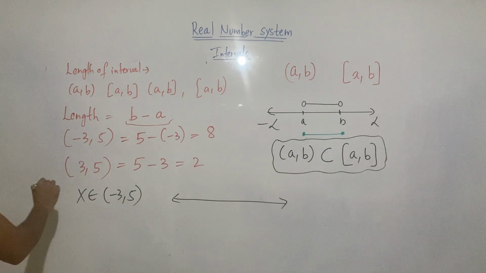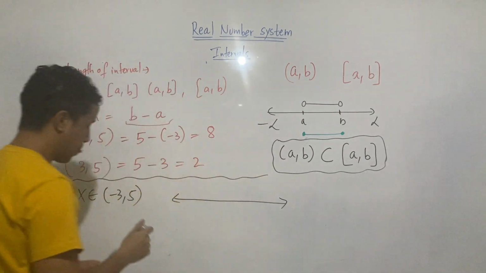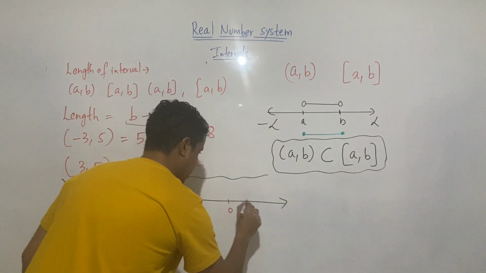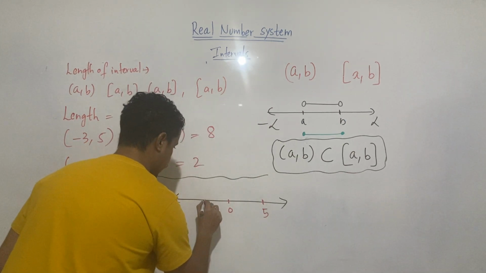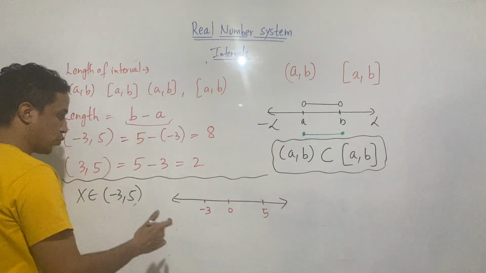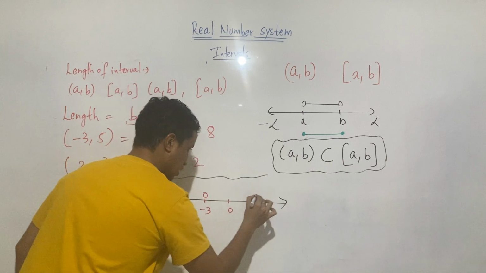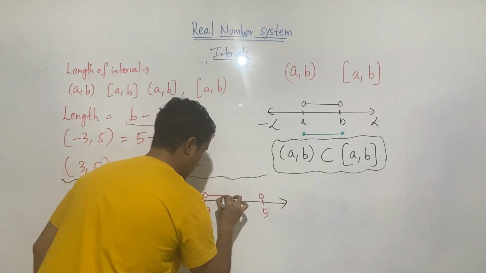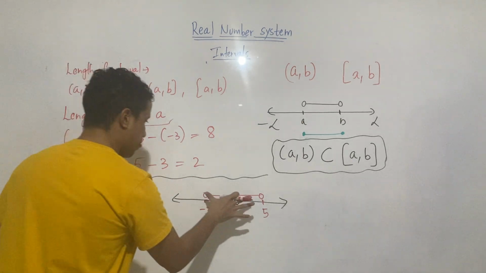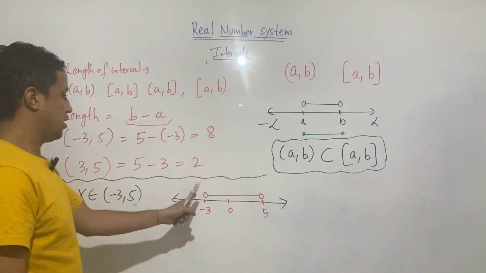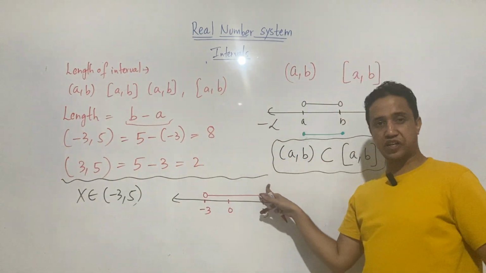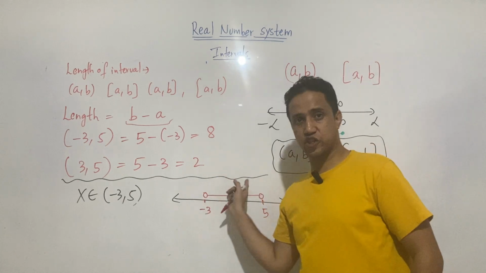On this number line here I have 0, here I have 5, and here I have minus 3. Minus 3 to 5 open interval means hollow circles. This is my open interval minus 3 to 5, and it contains all the values between minus 3 and 5.